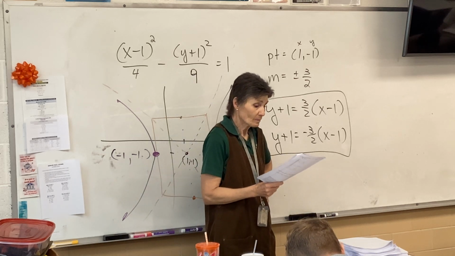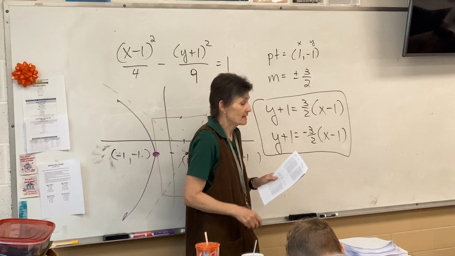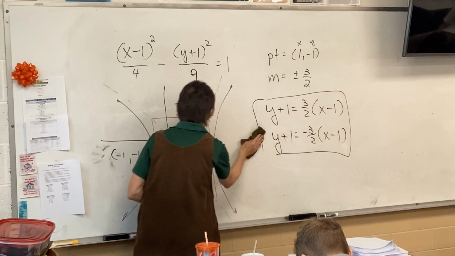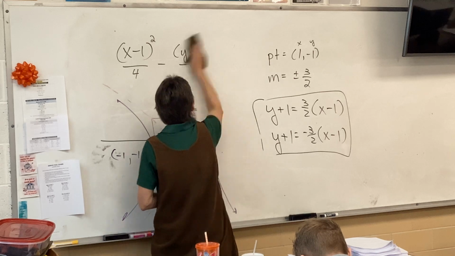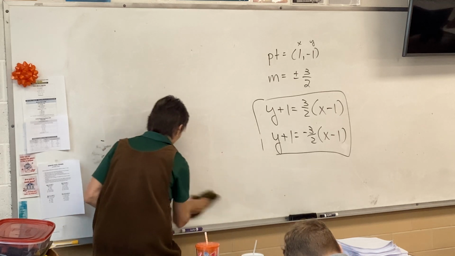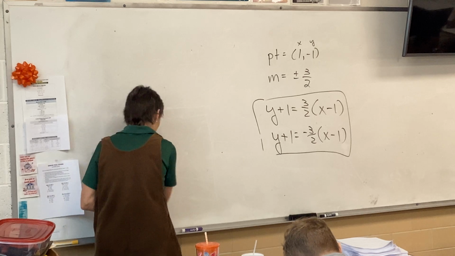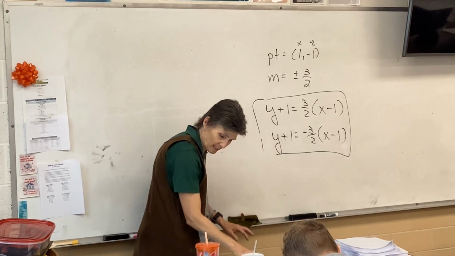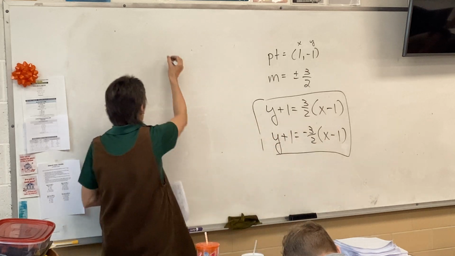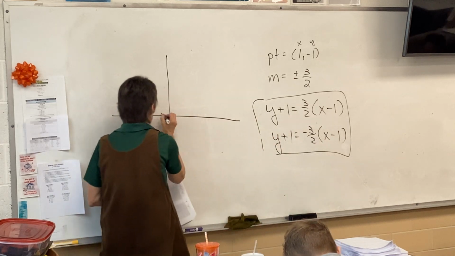Okay? Where did you put your center? We already talked about this, I hope you did. Negative 1, 2, we talked about it. So, you have the center at negative 1, 2.